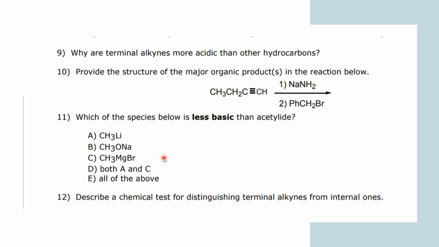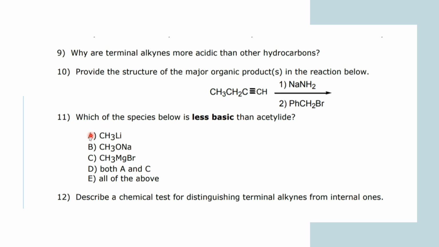Then we compared the basicities of these three compounds to acetylene, and we saw that the negative charge present in the A and C species were in sp3 hybrid orbitals, whereas for acetylene it is sp hybrid, so more acidic and less basic, isn't it?